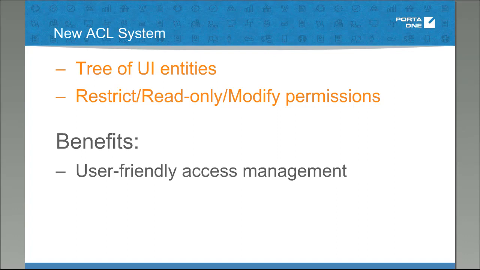There is either restricted access, there is read-only access, and there is full access. So you just choose one of those three options. So we believe this simplifies access management a lot. Now it should be much easier to create your own customized access levels, and have all your staff working with or having access to the right parts of the web interface.